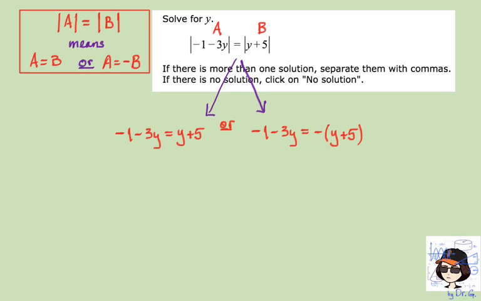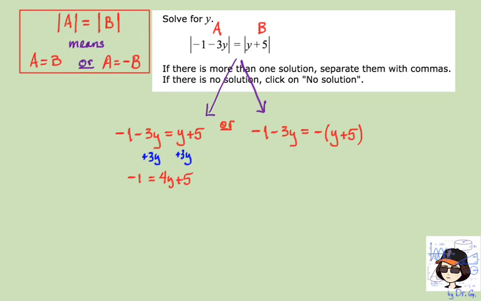The one on the left, I've got y's on both sides. So let's get all the y's on the same side by adding 3y to both sides. You might solve it differently, doing things in a different order. That's okay. So when I do that, I get negative 1 is equal to 4y plus 5.